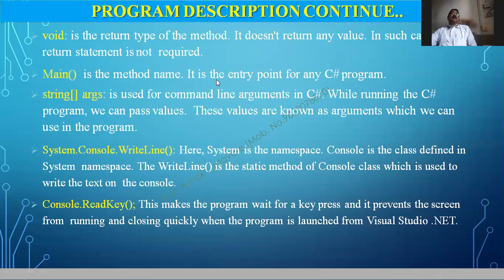What is main? It is a method name, and it is the entry point of our C# program. Very important: every time we have to give main as a method name. Your C# program should contain the main method, and it is the entry point.